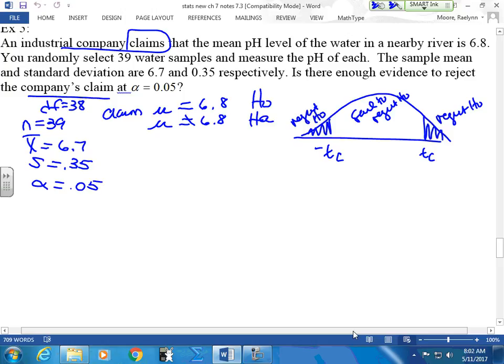So what did we get? Good, very good. This is my critical value, my cutoff value. When I take my test statistic, I see where it falls. Then from there, I'll know if I reject H0 or I fail to reject.